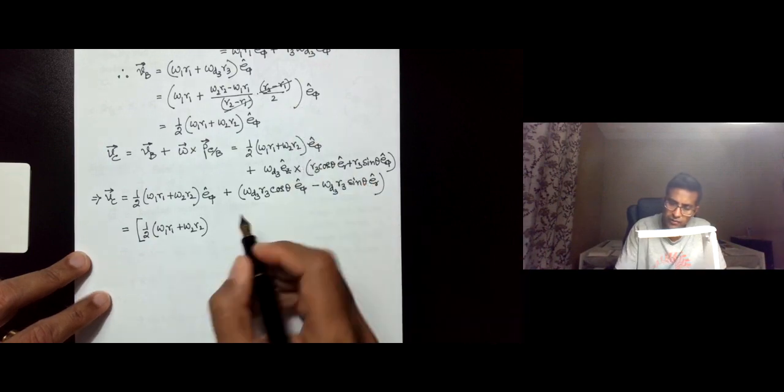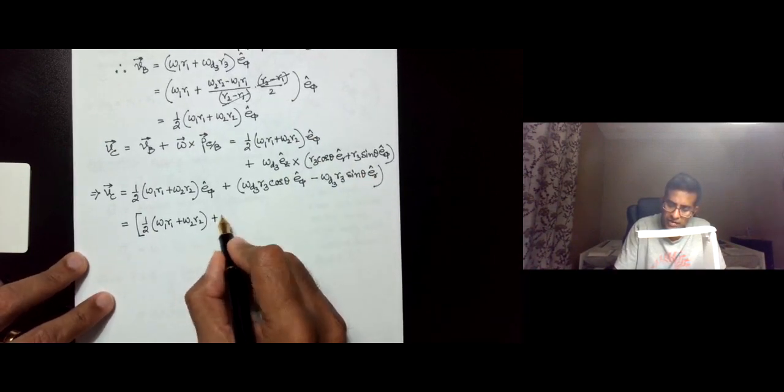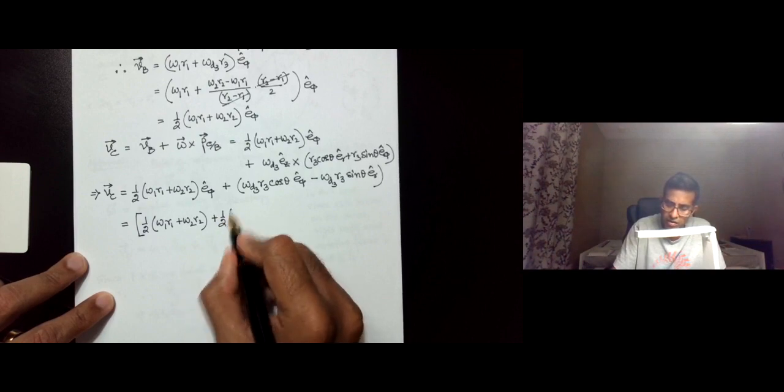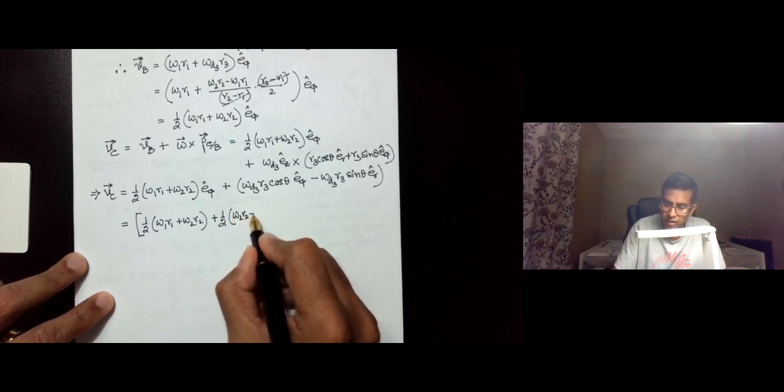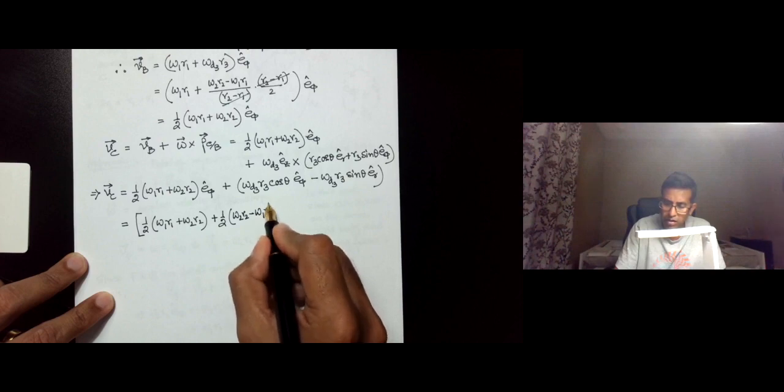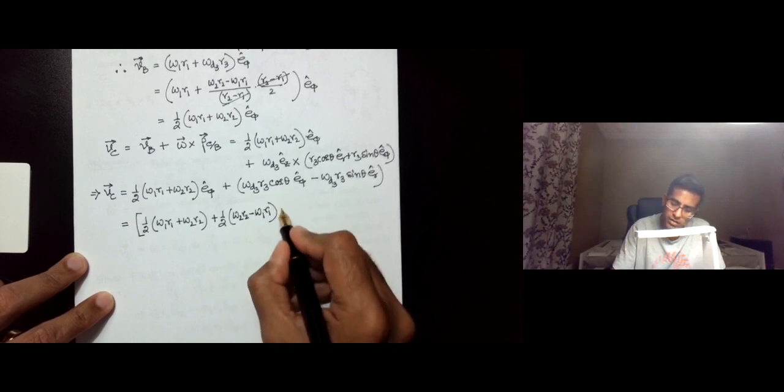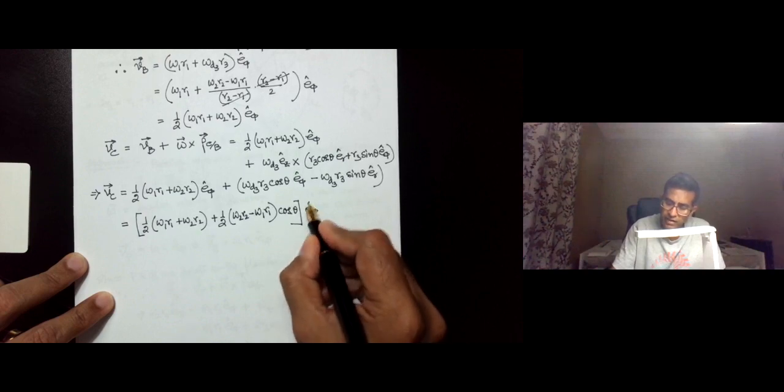So we have basically plus half omega 2 R2 minus omega 1 R1 cosine theta E phi.